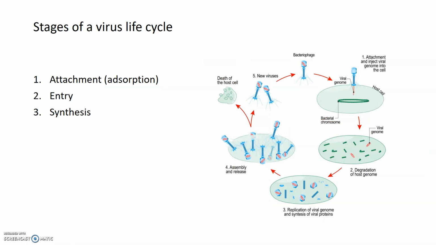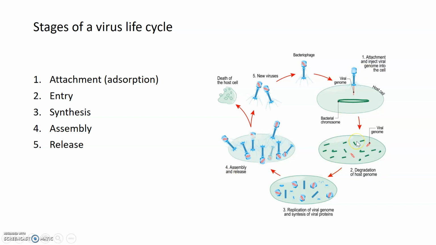So these steps are the same for all viruses. This is just to give you another idea of what this life cycle looks like for a different type of virus called a bacteriophage. And in this case, the attachment is the same. However, the entry is just the viral genome itself. The whole entire virion, including the capsid, does not enter, whereas in the previous example it did.